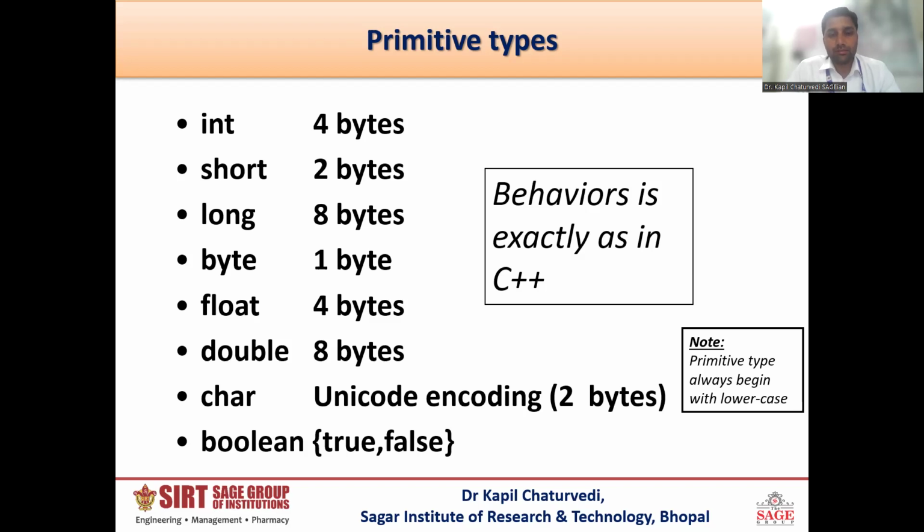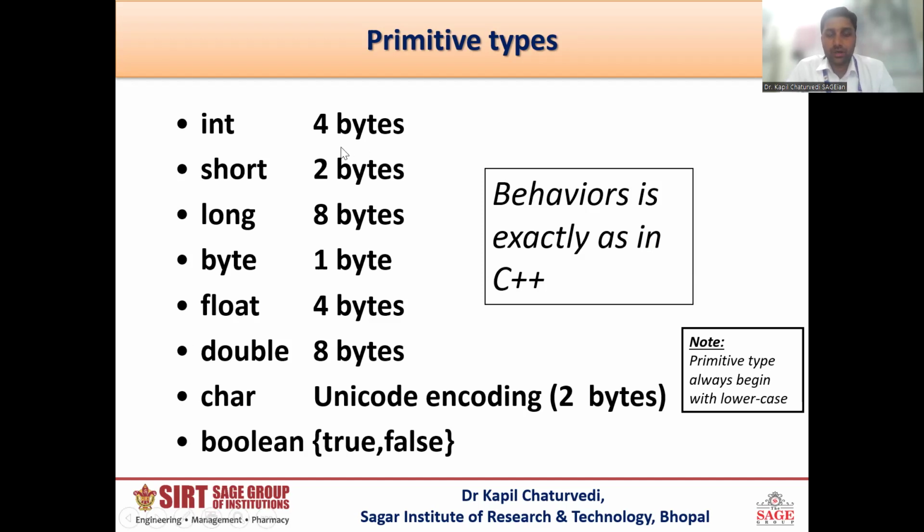In a similar manner to C or C++ programming, Java also has the data types int, short, long, byte, float, double, and character. Int is used for integer type values, short for small integer values, and long is a big type of data, holding bigger numbers.